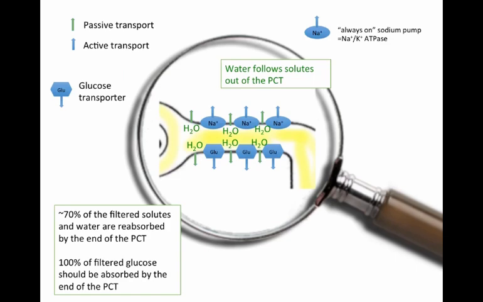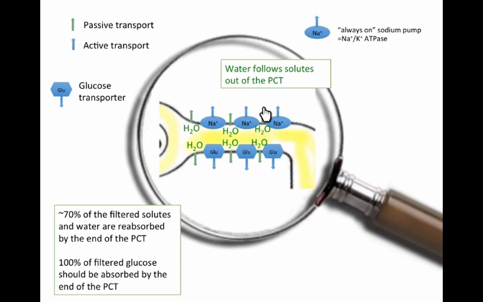So now we can add water movement on here. Remember, the proximal tubule is always permeable to water. And so now by pumping sodium outwards and pumping glucose outwards, we've now created a solute concentration gradient. And there are other solutes that are moved out as well. That means that water can now follow these solutes out of the proximal tubule by osmosis.